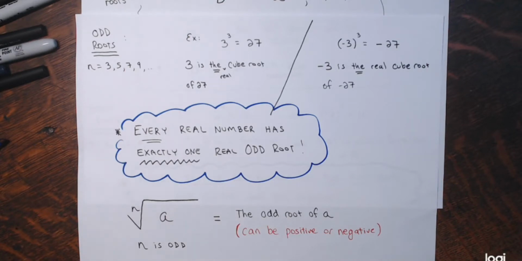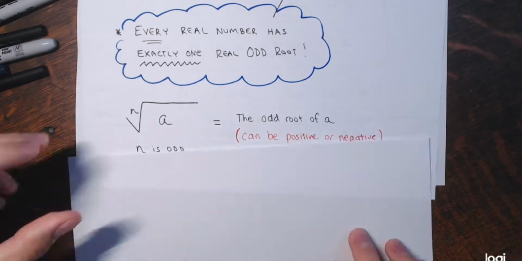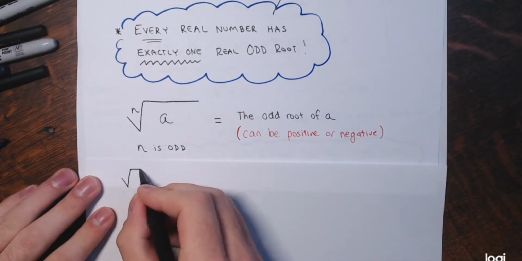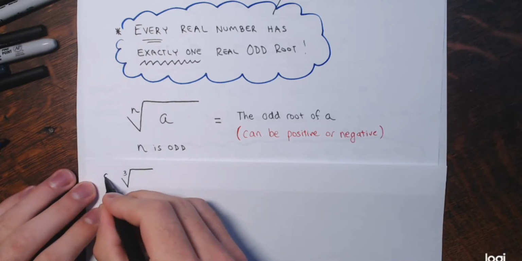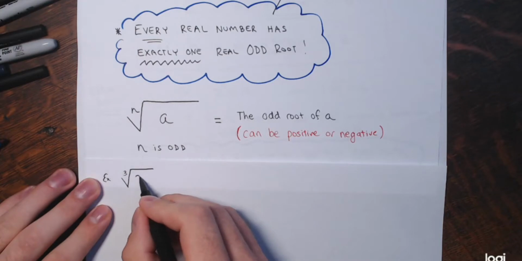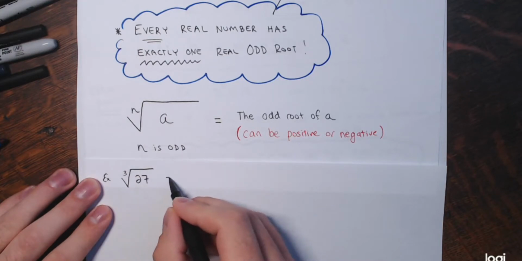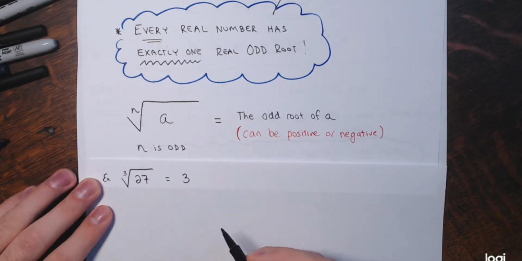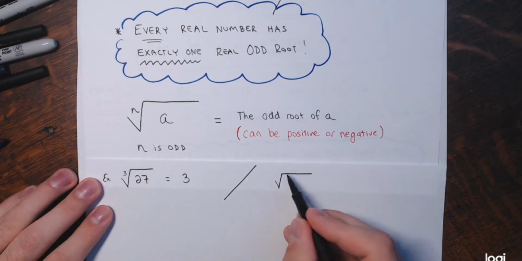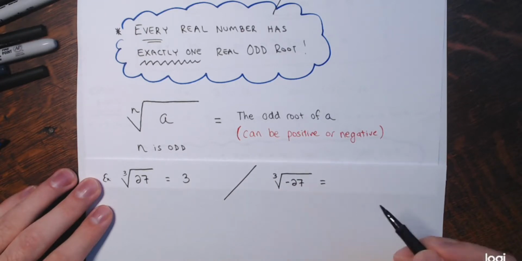So one final simple example here before I finally move on to the exercises. So for example, if I said, what's the cube root of 27, like I had earlier, this would just be simply 3, right? Since 3 to the third power is 27. The cube root of negative 27, this is also fine, right?